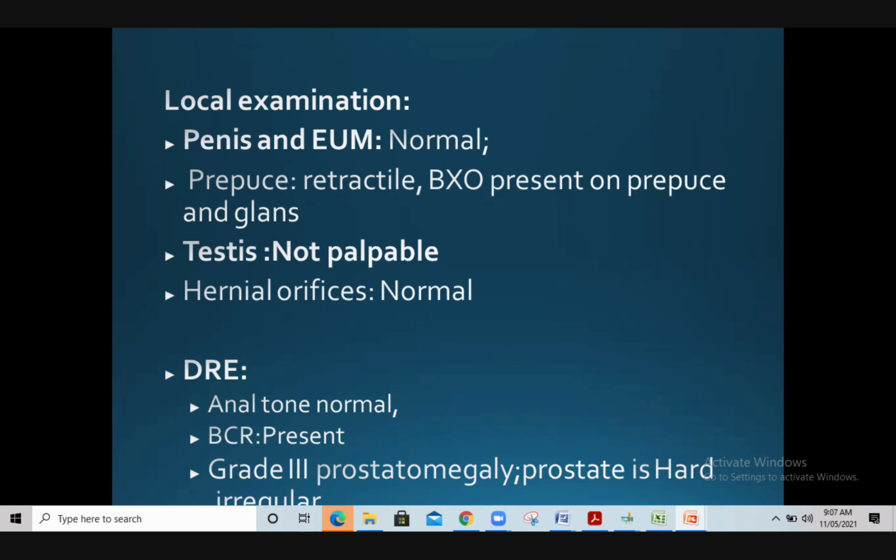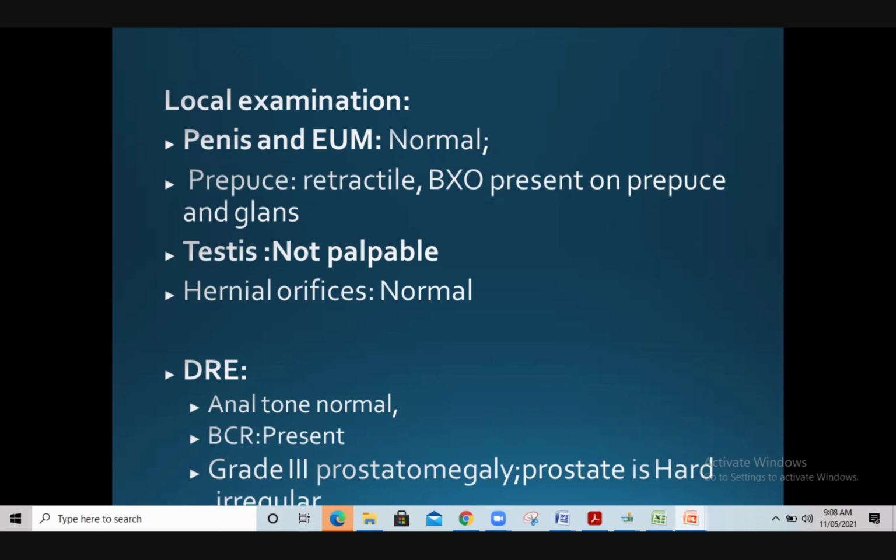But yes, one of the criteria of CRPC is that if there's a growth of something in a patient who's already had medical or surgical castration, if there's obvious enlargement compared to earlier, then you assume that maybe, but you need other evidence to say that. It's an indirect way.